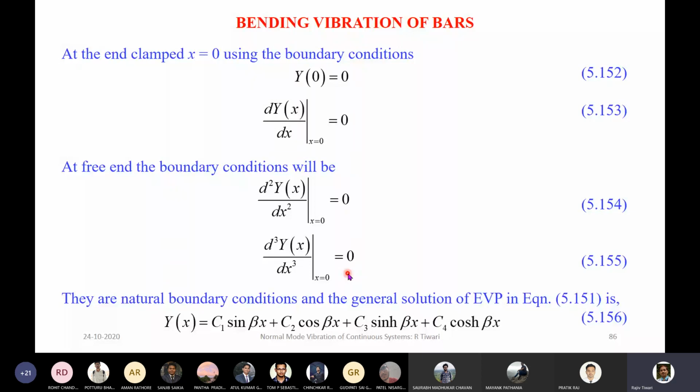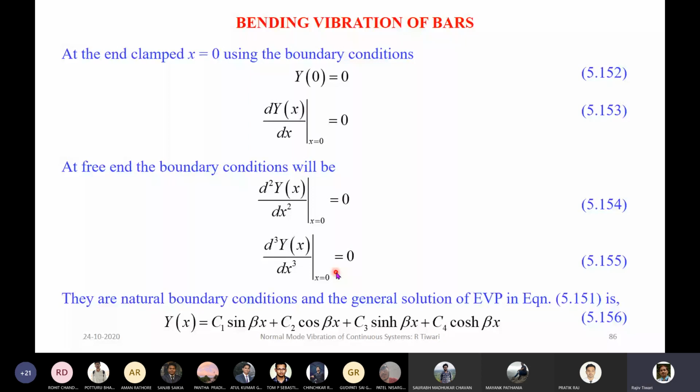The general solution of the eigenvalue problem, which is a fourth order differential equation, will be of this form. Because this is fourth order, 4 constants will be involved, and the equation will be satisfied not only by the harmonic functions but also by the hyperbolic functions sin h and cos h. So here we have 4 constants to find from the 4 boundary conditions of the problem.